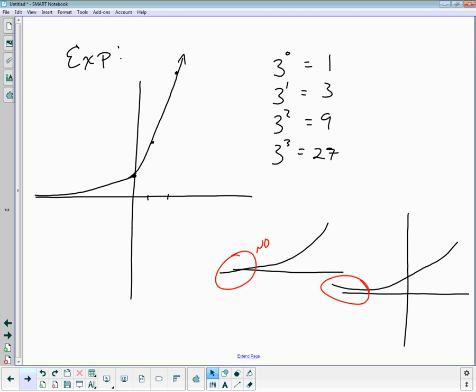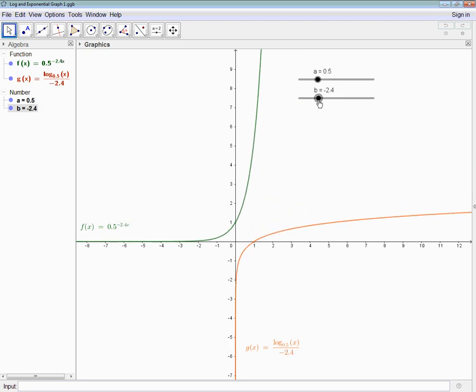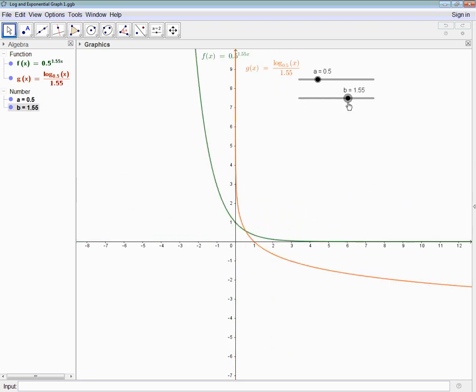Now, the math for both of these was very much the same. How I graphed those points and how I chose them is not a coincidence. In fact, there they are. One is a log, and one is an exponential. Let's take this to be just 1.